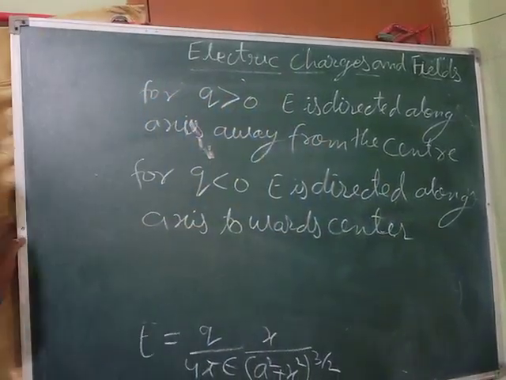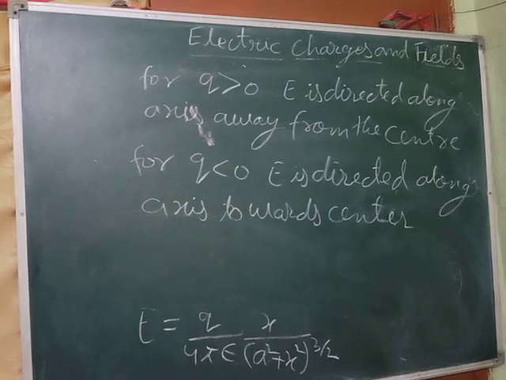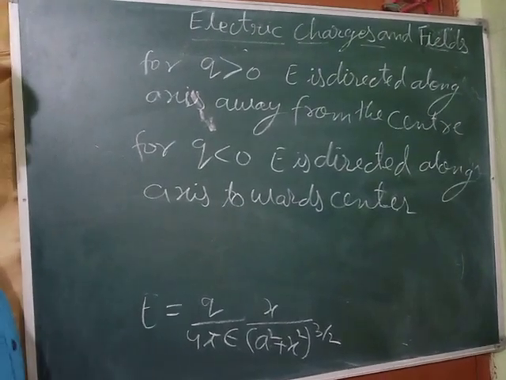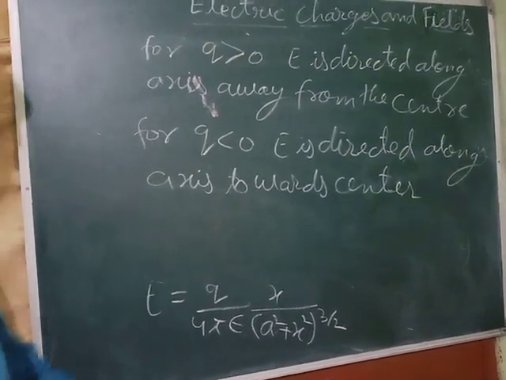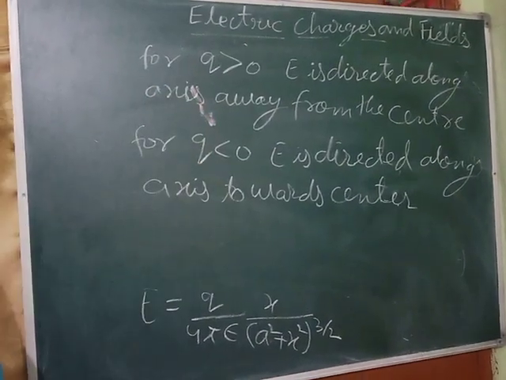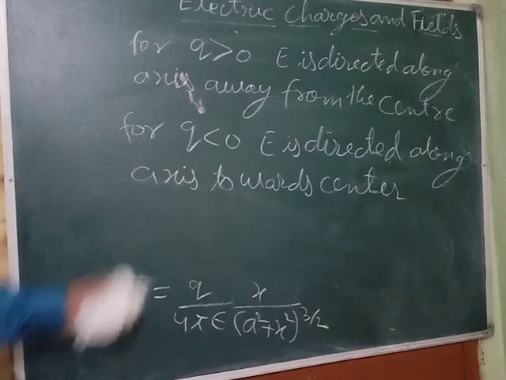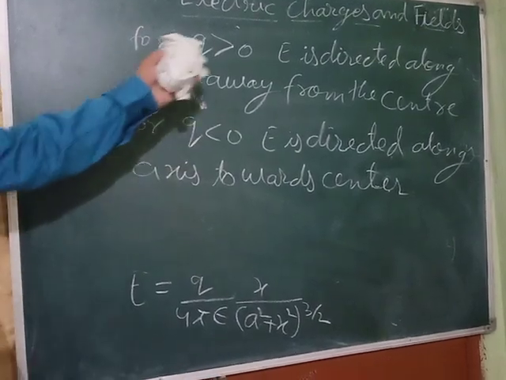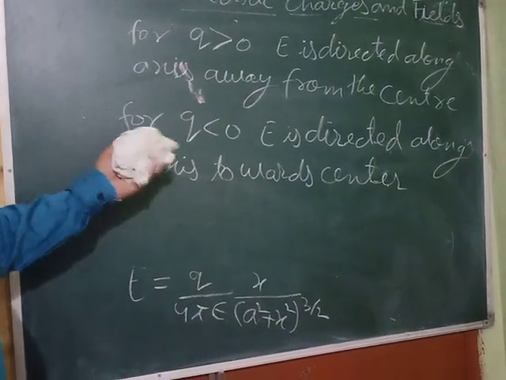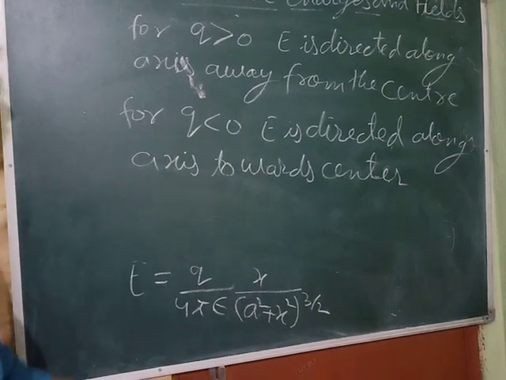Okay, so you can find out the direction in this way. This is the magnitude, and in this way you can find out the direction in different cases depending on the nature of q. If q is positive, then it is directed away from the center. If q is negative, then it is directed towards the center.